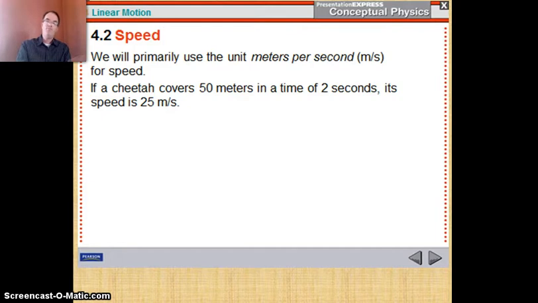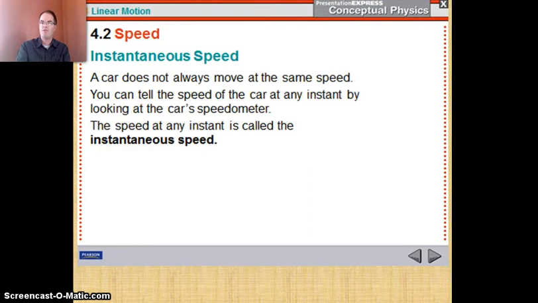So, for instance, if a cheetah covers 50 meters in a time of 2 seconds, 50 divided by 2 would be 25 meters per second. We divide the numbers and we divide the units also. Meters divided by seconds. Meters per second is what we say.